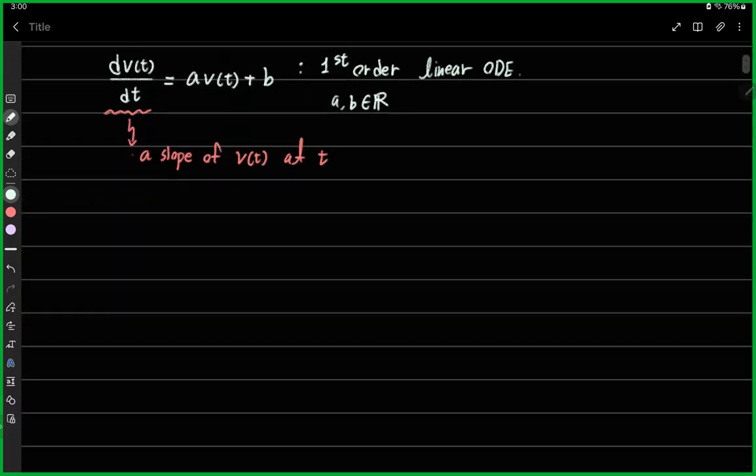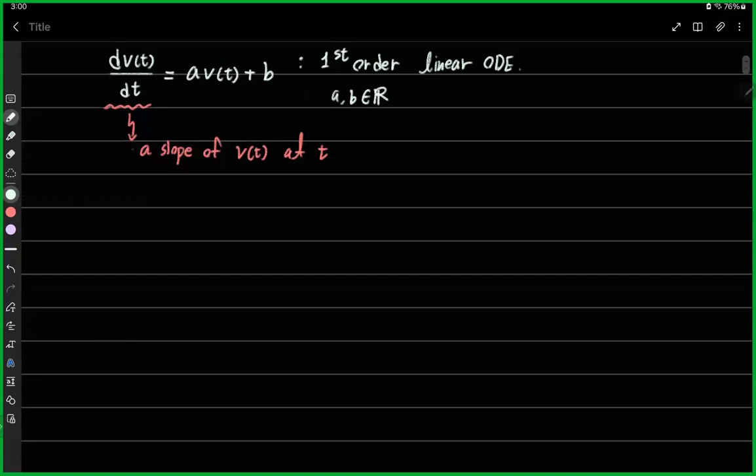So let me give you an example. Here is the time step, and this is v. There's a 1, a 2, and a 3.